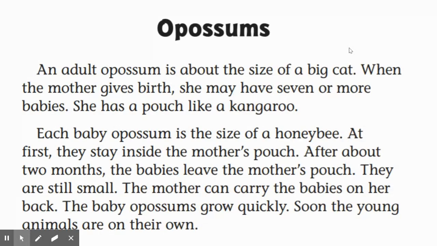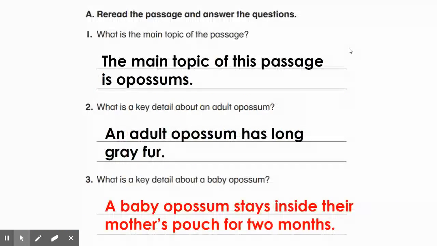But if you would like to come up with a different one from this page, you can do that. You don't have to copy exactly what I write. So if you would rather include the fact about it being the size of a honeybee, that is okay. But I'm going to use the same key detail I identified earlier. And I wrote, a baby opossum stays inside their mother's pouch for 2 months.